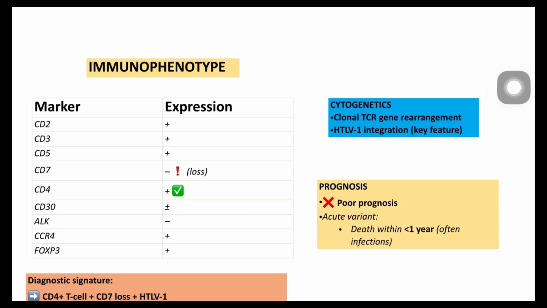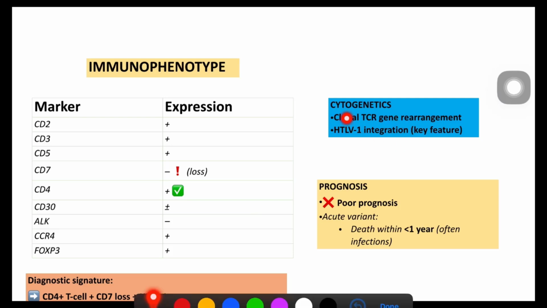So CD4 T cell, CD7 loss and HTLV1 positive, it is this acute adult T-cell leukemia. And cytogenetically there is clonal TCR gene rearrangement and HTLV integration is a key feature. So here it is having poor prognosis, and the acute variant has death within less than 1 year.